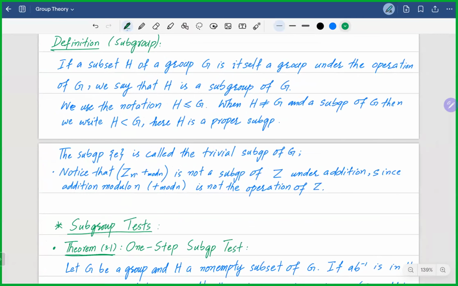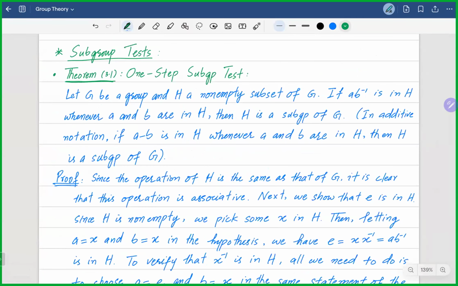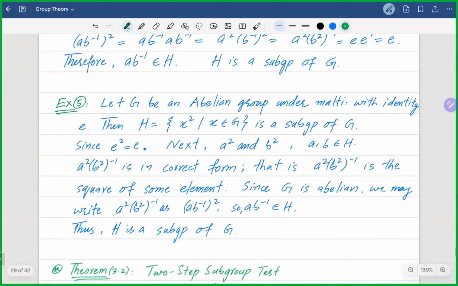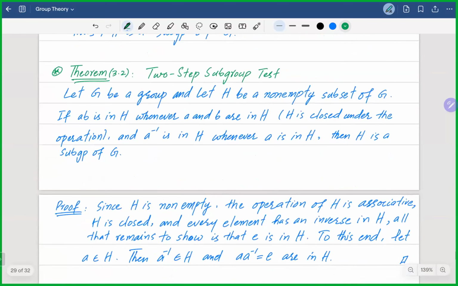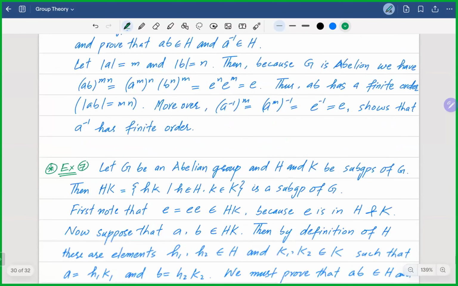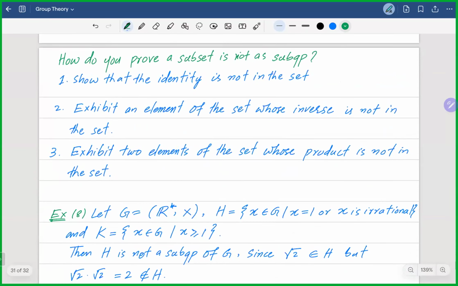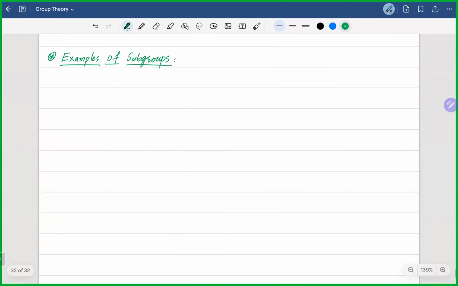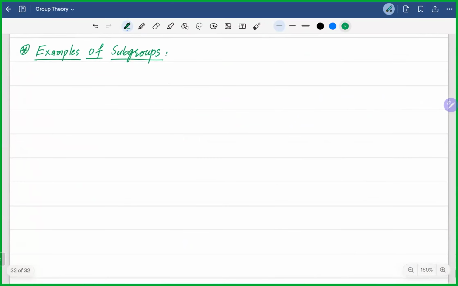We also gave some tests to check whether a subset of a group is going to be a subgroup or not: there is the one-step subgroup test, the two-step subgroup test, and the finite subgroup test.